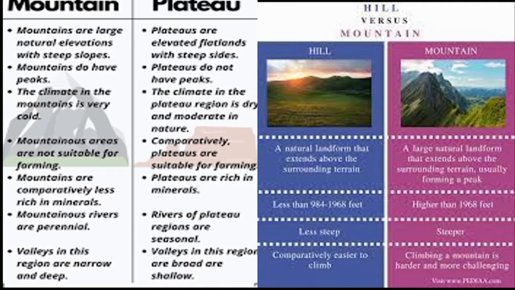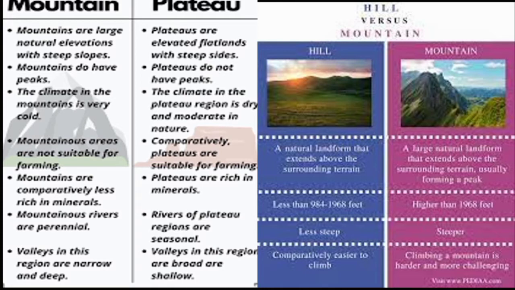Mountains are cone-shaped. Plateaus, on the other hand, are table-shaped. Mountains have good elevation and are naturally formed. But plateaus can either be elevated or short. Mountains are very, very difficult to climb, but plateaus are not that difficult compared to mountains.